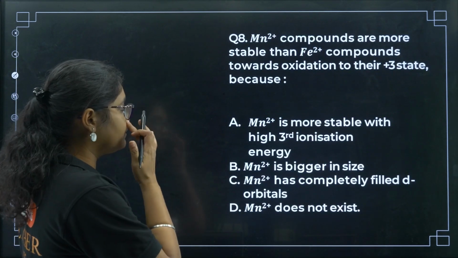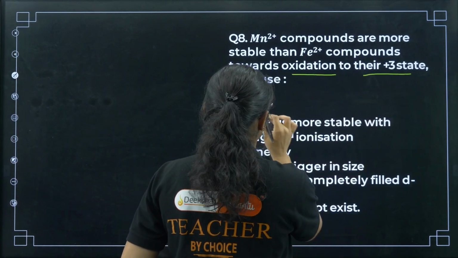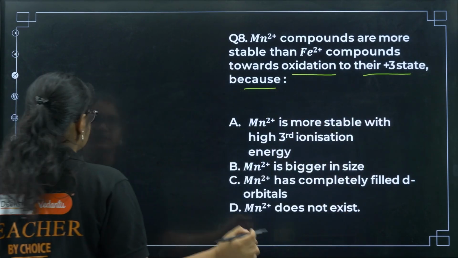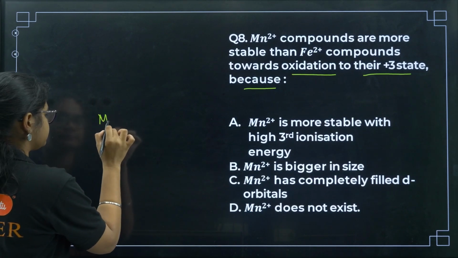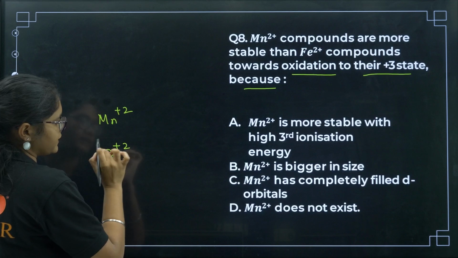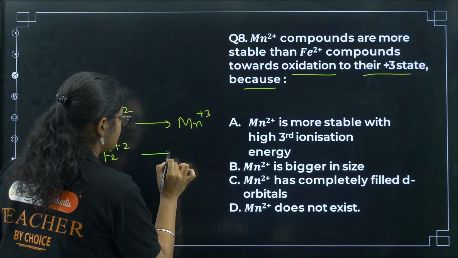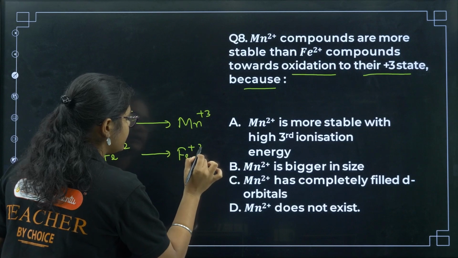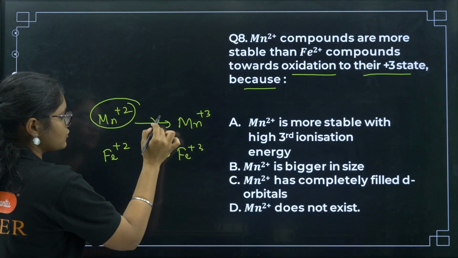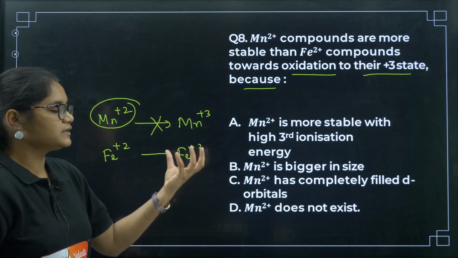Next, Mn2+ compounds are more stable than Fe2+ towards oxidation to their +3 state because. So the question here is saying that Mn2+ is there and Fe2+ is there. Suppose I want to oxidize both of them to Mn+3 and Fe+3. It is seen that Mn2+ does not undergo this conversion, or it is very stable towards this conversion.